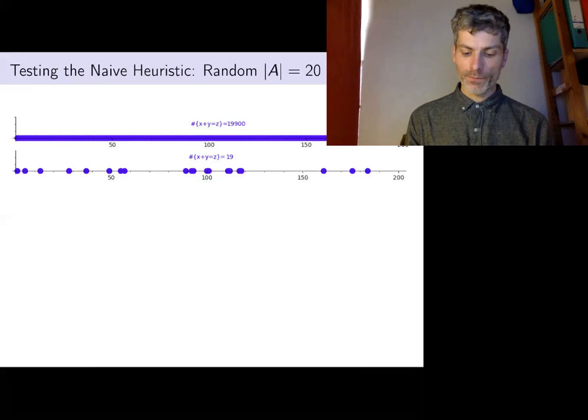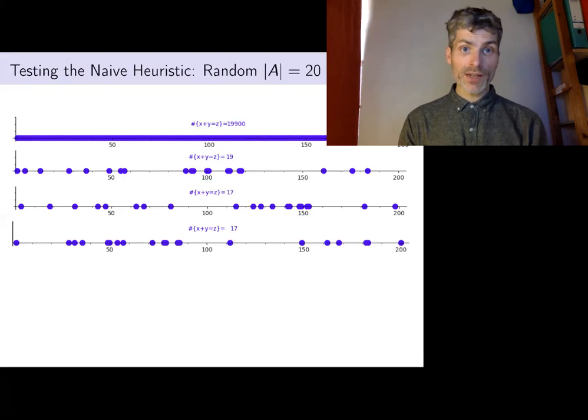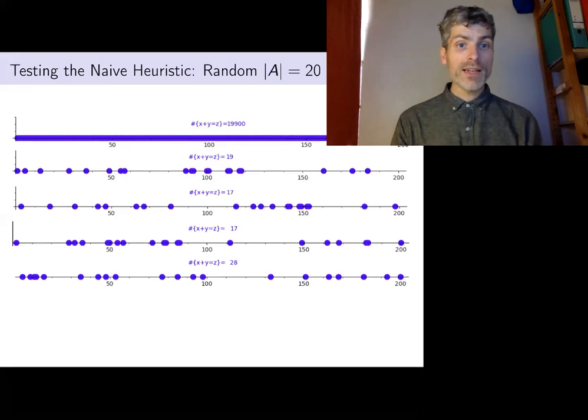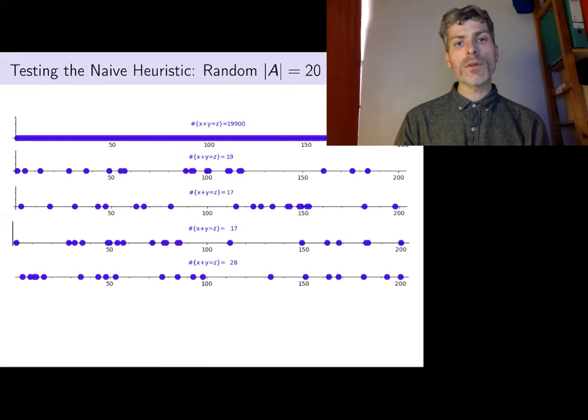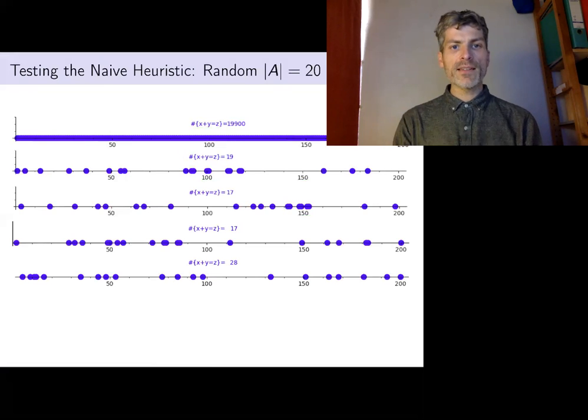So that's pretty good. Another random set gives you 17 solutions. Another random set gives you another 17 solutions. A third random set gives you 28 solutions. Now I contend that the naive heuristic is still pretty much valid because all these numbers are of a similar order of magnitude. Remember, the density is 1 over 10.